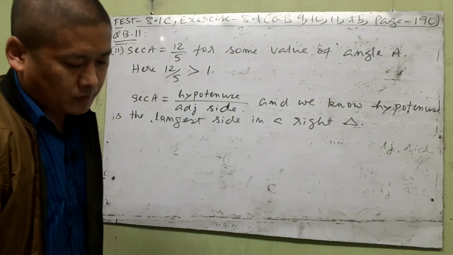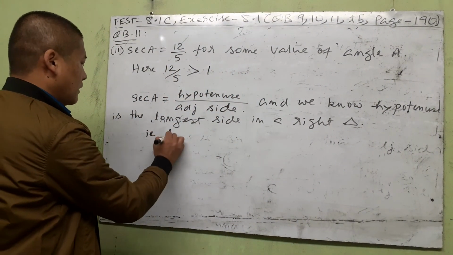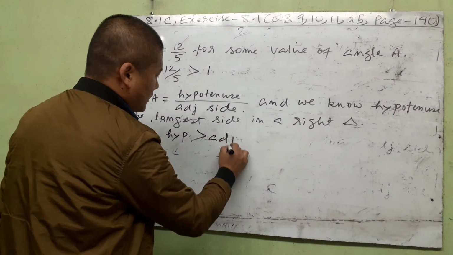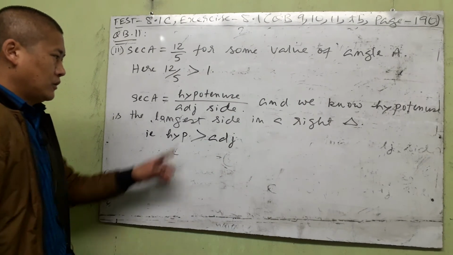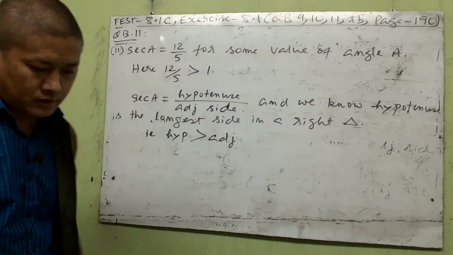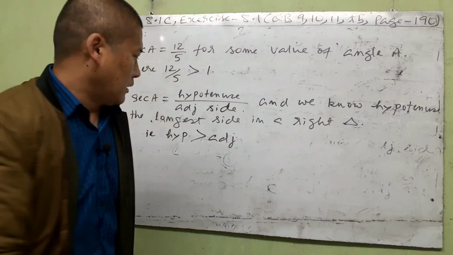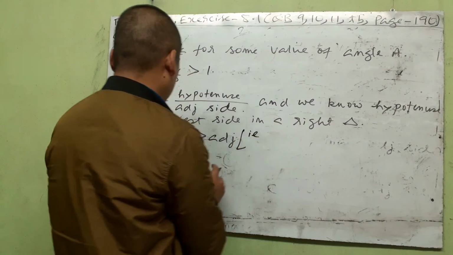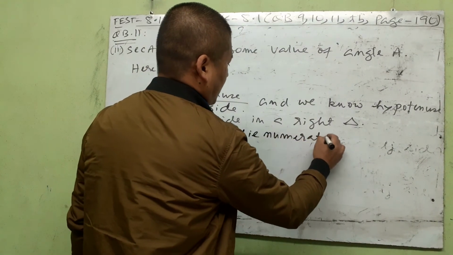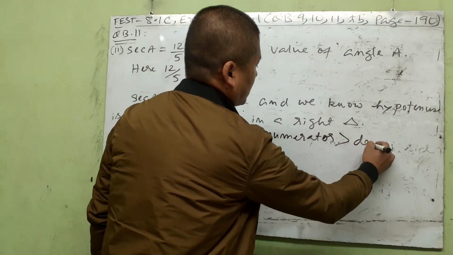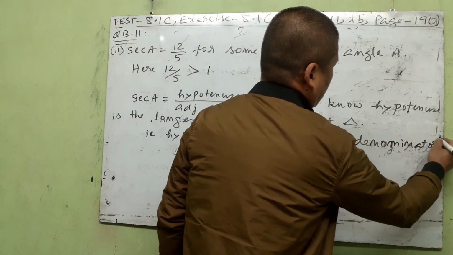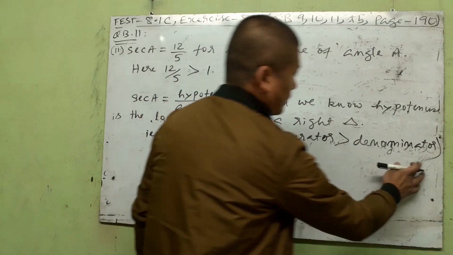So if this is so, then in other words the hypotenuse is greater than the adjacent side, because the adjacent side will surely be shorter than the hypotenuse. In other words, the hypotenuse, which is the numerator, is greater than the denominator.